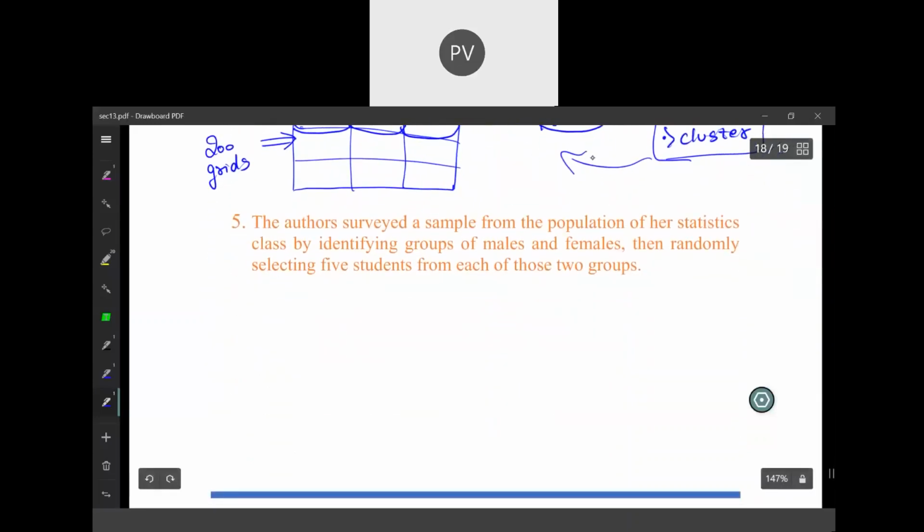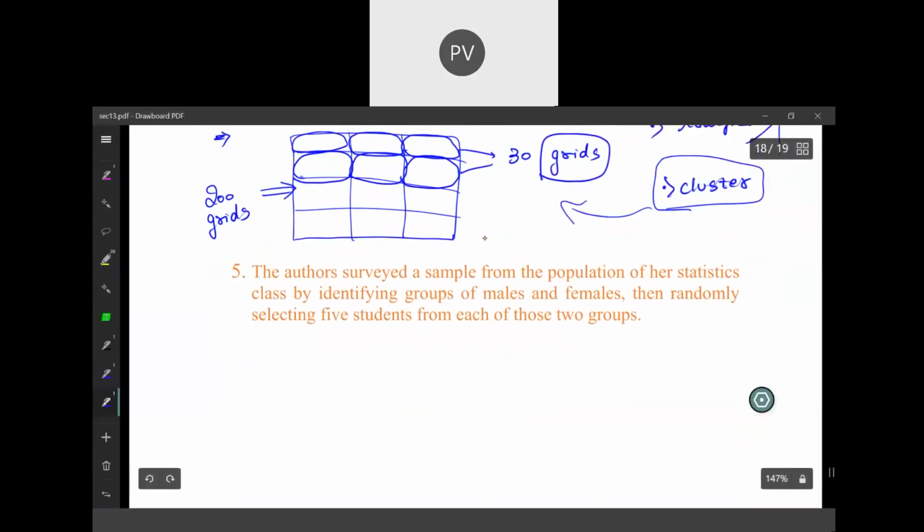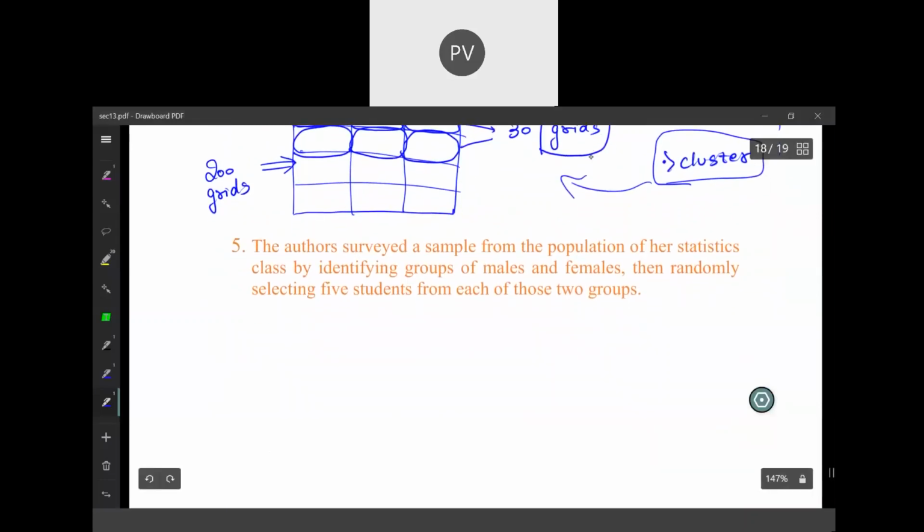Next question. The author surveyed a sample from the population of a statistics class by identifying groups of males and females, then randomly selected 5 students from each of these two groups.